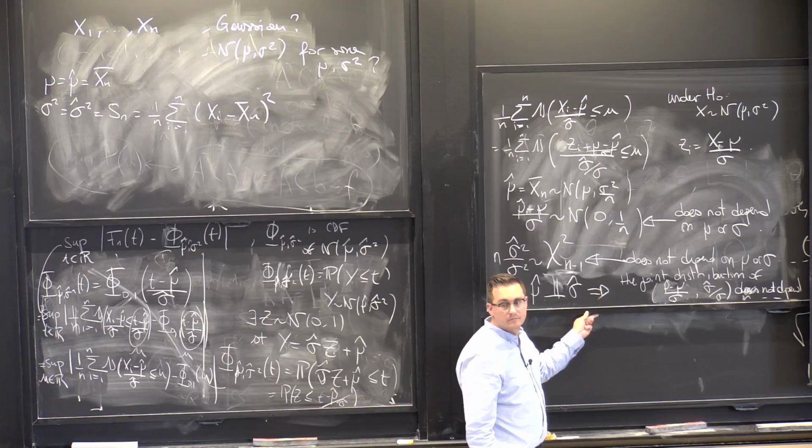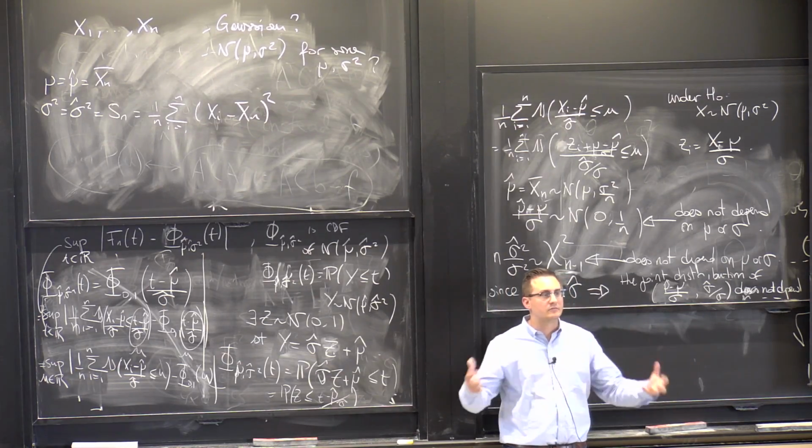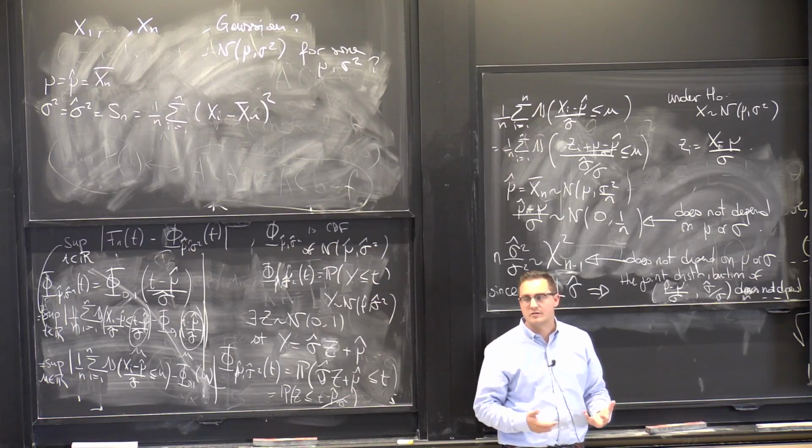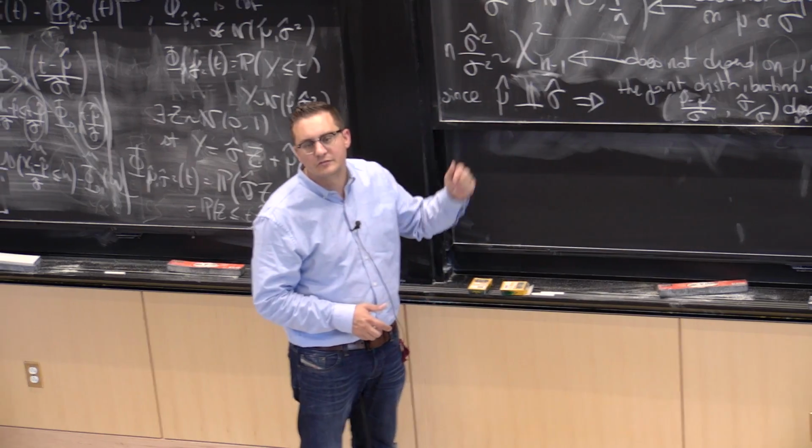Agreed? It's not in the individual ones, and it's not in the way they interact with each other. It's nowhere. Yeah, Cochran's theorem, right? That's something we've been using over and over again.